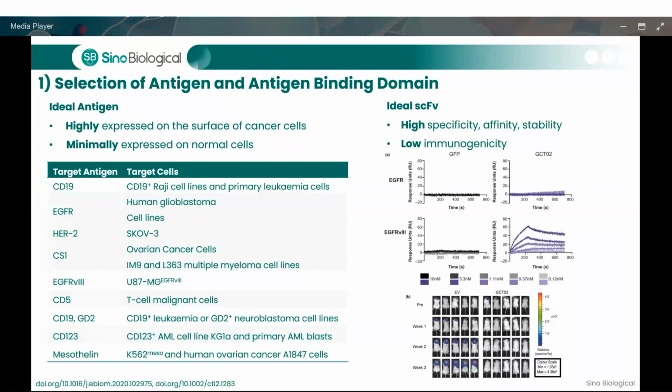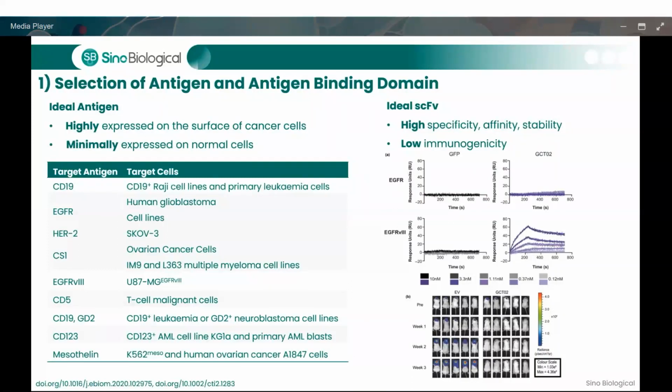SPR shows great binding of the GCTO2 scFv to the recombinant EGFR variant 3, compared to the negative GFP control, and no binding to the EGFR wild type protein at the concentration tested.